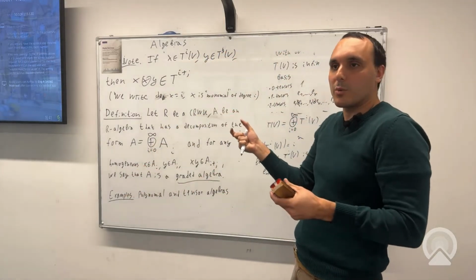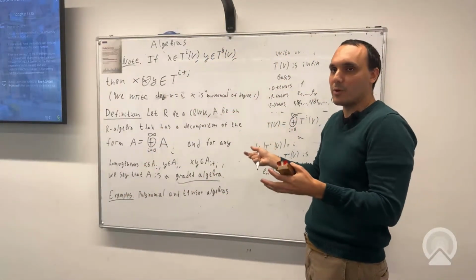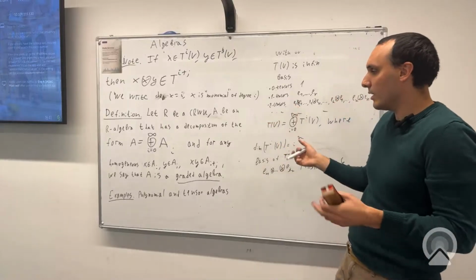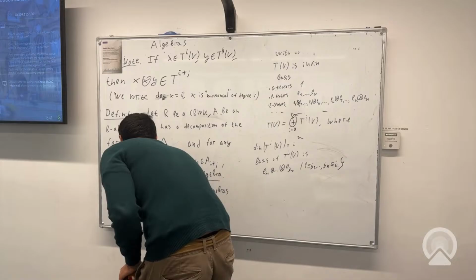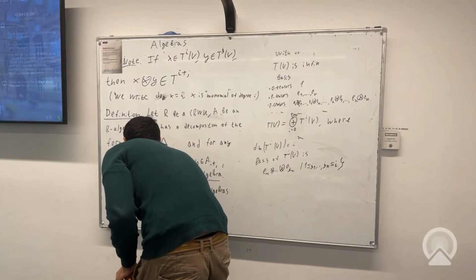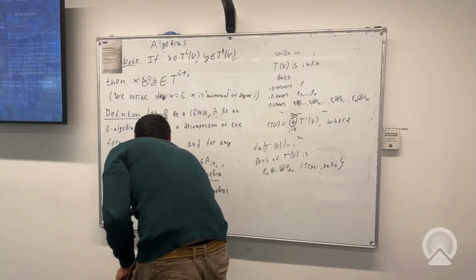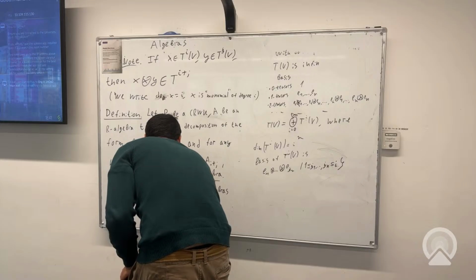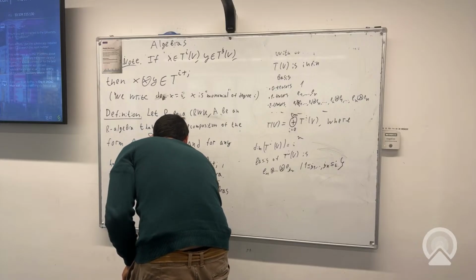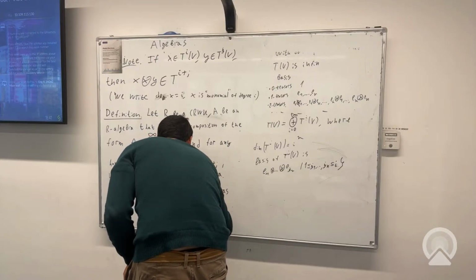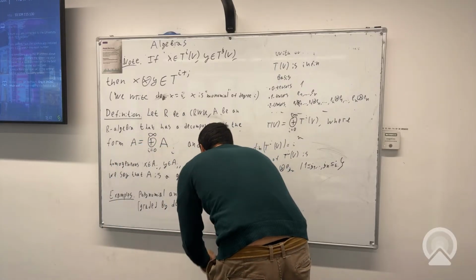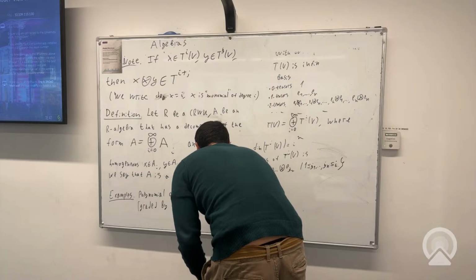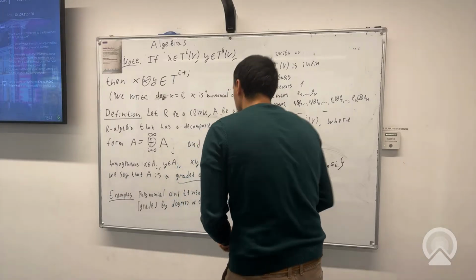So polynomials of degree 5 multiplied by polynomials of degree 6 is a polynomial of degree 11. And tensor algebras are graded by degrees of their elements, of their monomials, let's say. Okay.